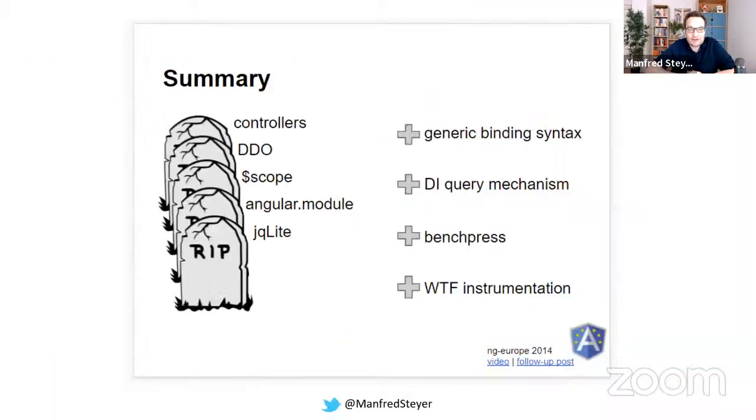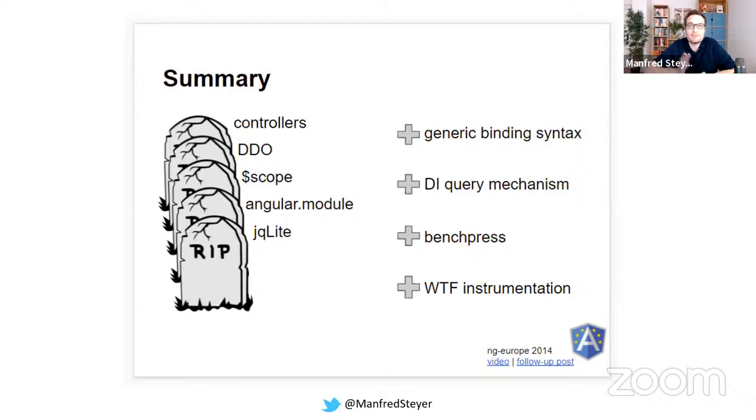The summary of this presentation contains several tombstones. And those tombstones had several terms on them, with concepts or pointing to concepts of AngularJS. With this, they wanted to tell us that we don't need any controllers anymore, or any directive definition objects, DDOs, or the scope.